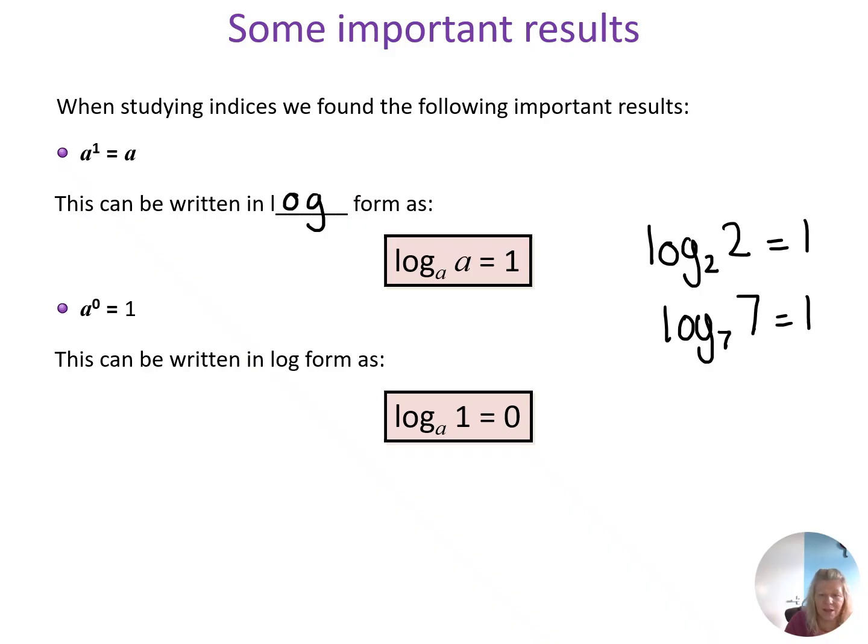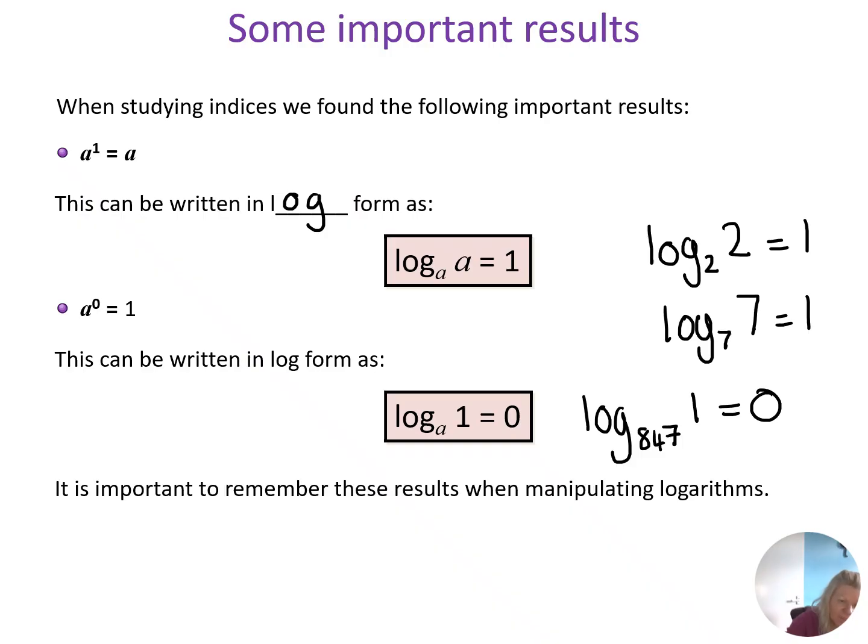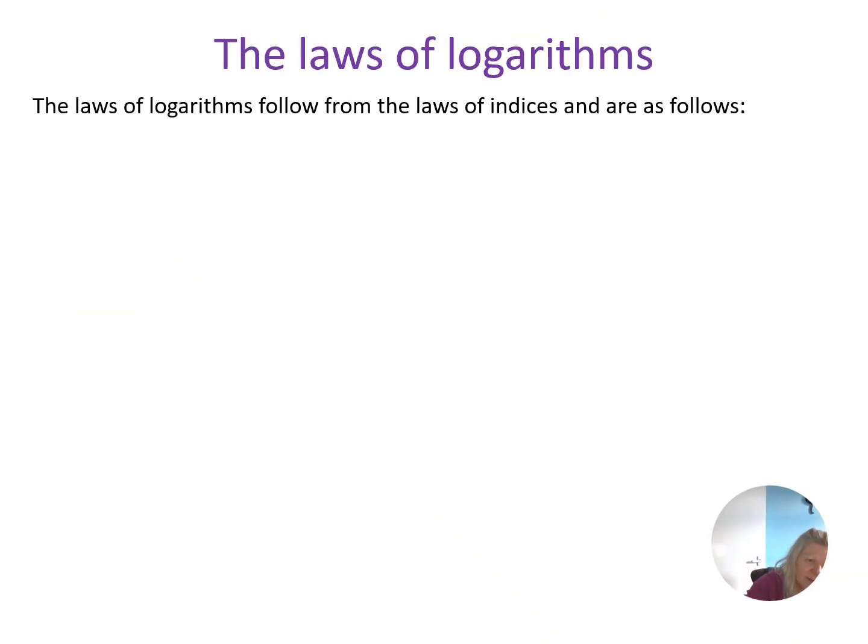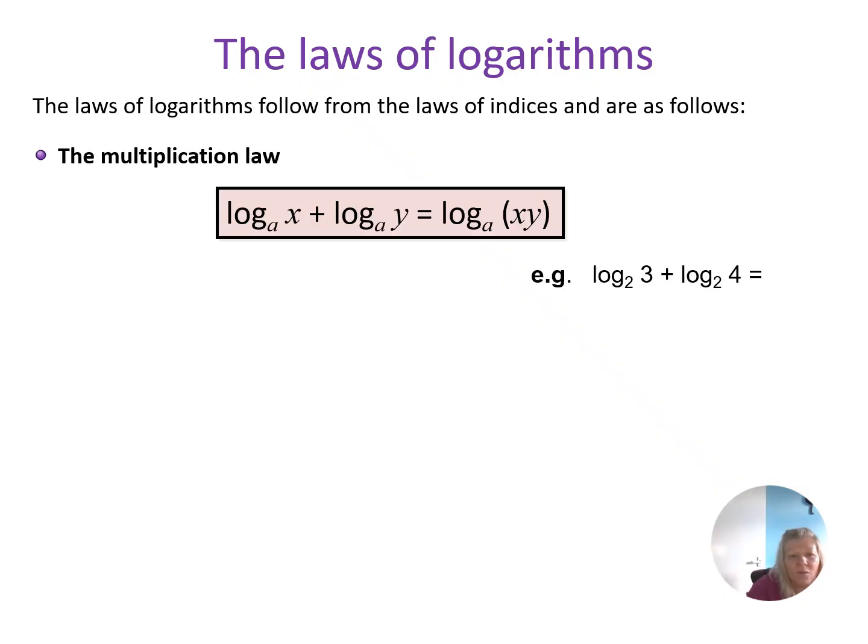And log to the base any number you like, as long as it's positive, 847 of 1 will be 0. Whatever base you pick, if you log 1, it will be 0. Important to remember these.